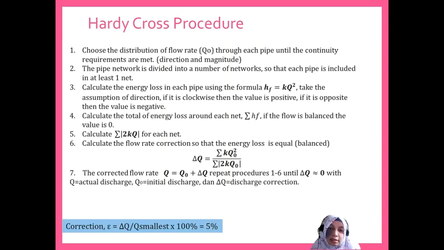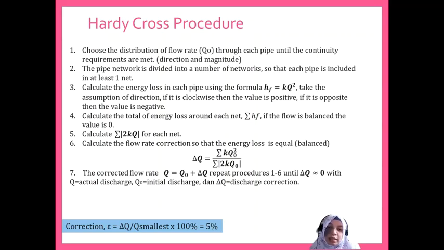Flow rate correction is delta Q. So you have to find this delta Q. And the last one, number 7, the corrected flow rate, you can use the symbol Q for the corrected flow rate. Q equals QO plus delta Q.